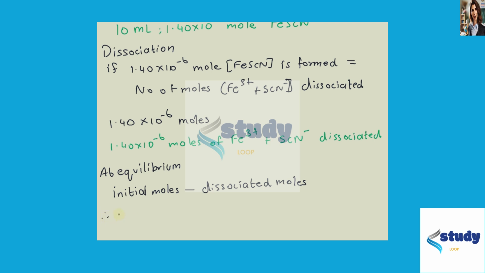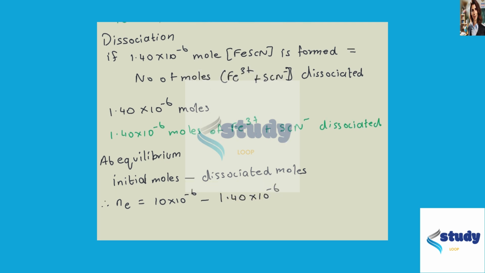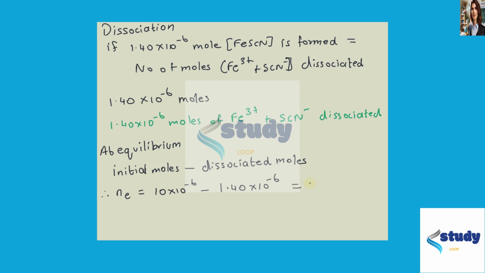Therefore the number of moles at equilibrium will be equal to the initial number of moles, 10 × 10^-6, minus 1.40 × 10^-6, the dissociated amount of moles, which gives 8.6 × 10^-6 moles.